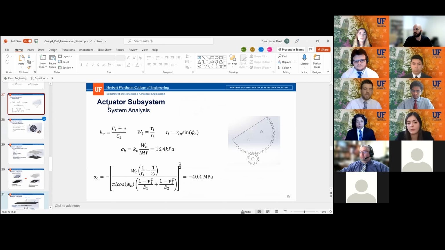So this is what we have in the slides right now. I think we do a little bit more in our report, but essentially, as far as the bending stresses, that is extremely low. As far as wear over time, here the sigma C is the contact stress, which if you have metal, you can compare to the surface hardness of the material.